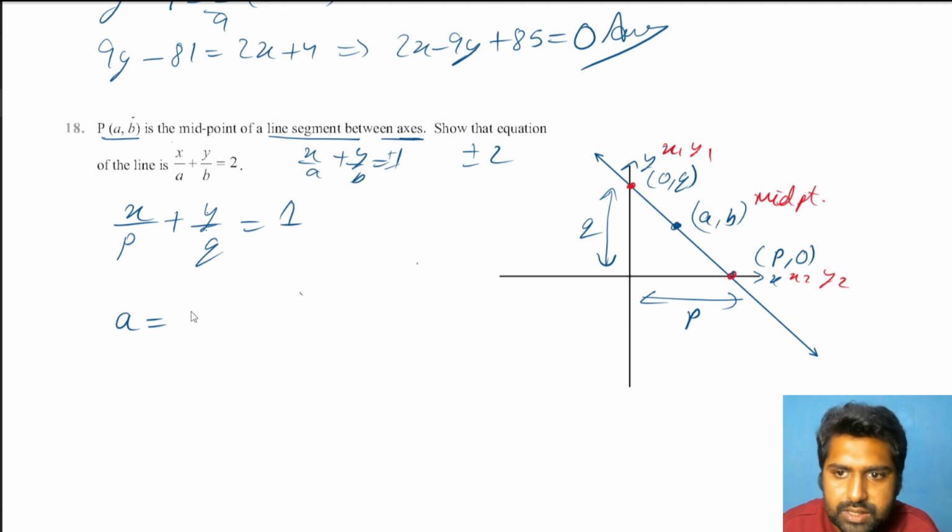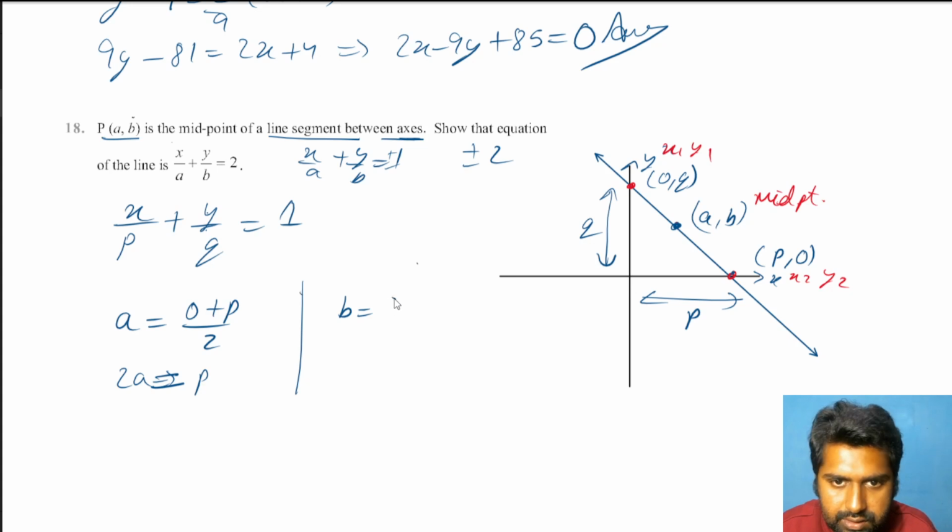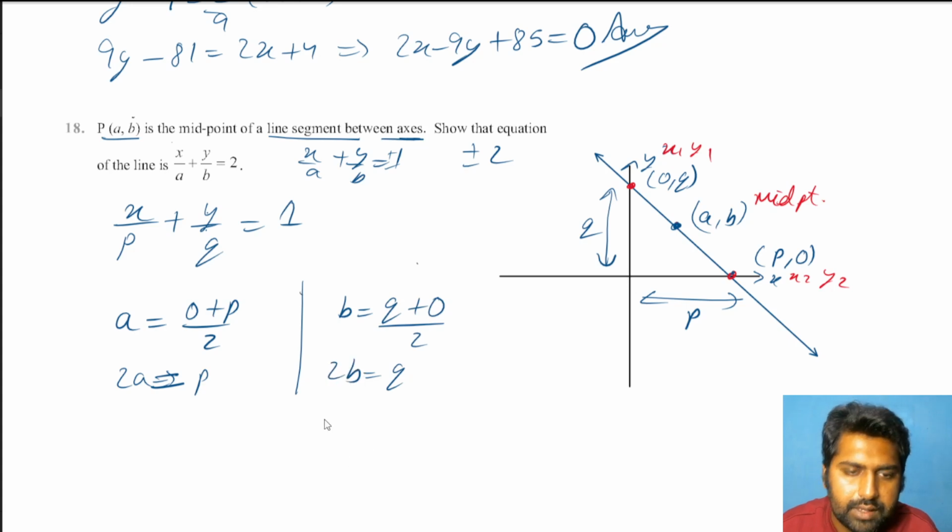So a must be (0 plus p) by 2. See, I get p as 2a. Similarly, if I use it on the y coordinate also, b should be equal to (y1 plus y2) by 2. So y1 is q, y2 is 0, by 2. So I directly get q as 2b, and just put these values of p as well as q here.